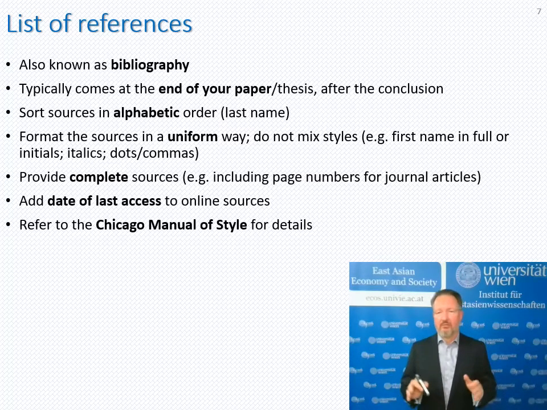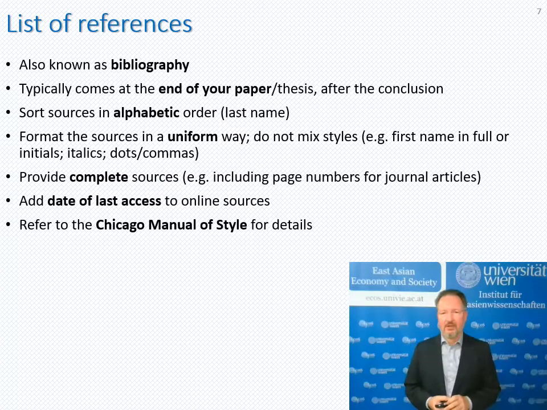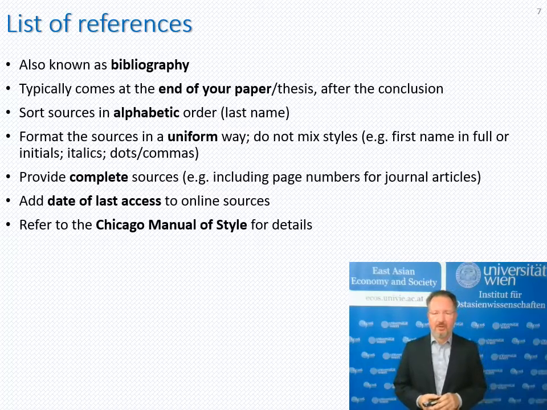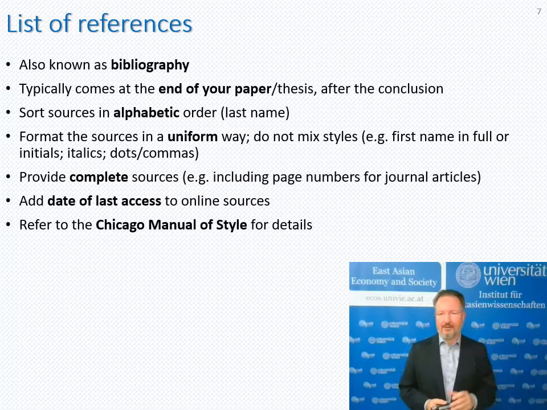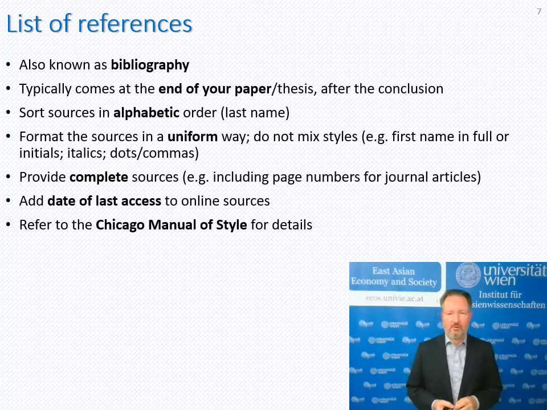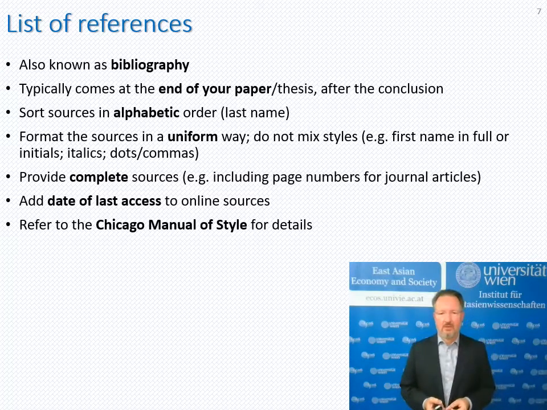But in any case, whatever you do, keep it consistent. Same goes for the use of italics, use of dots or commas, and so on and so on. Well, you see the Chicago Manual of Style, something that I had already mentioned in the previous presentation. This is where you can actually get your guidance on how to apply all these things, including date of last access for online sources, or page numbers for journal articles.